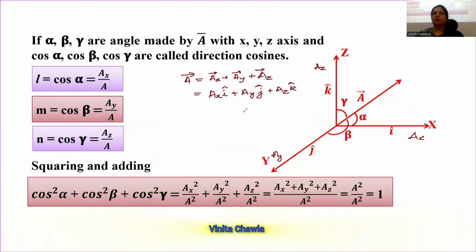Any doubt? Clear. Okay. Achha, suppose if instead of considering 3 axes, we take 2 axes, x and y axis only, if we don't consider the third axis, then what? Suppose we have this as x axis and this is our y axis.